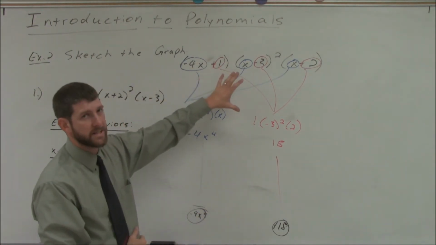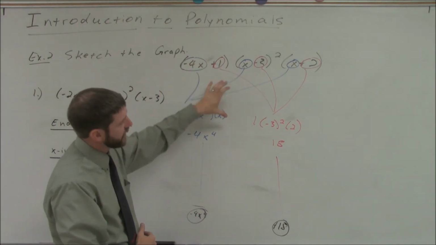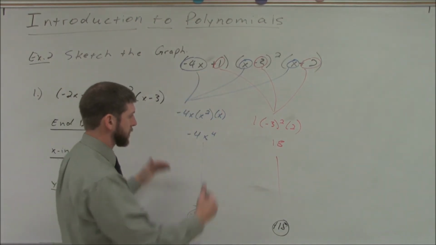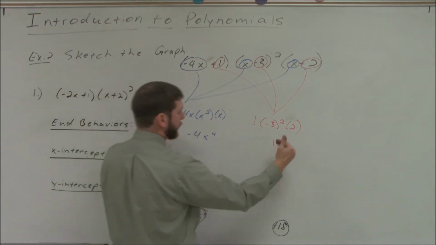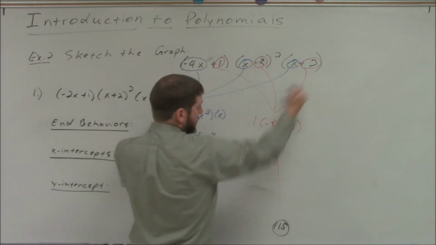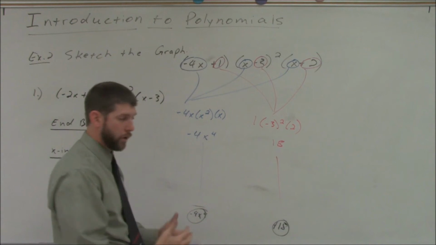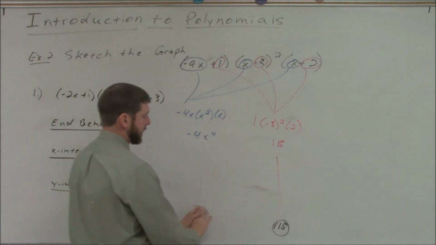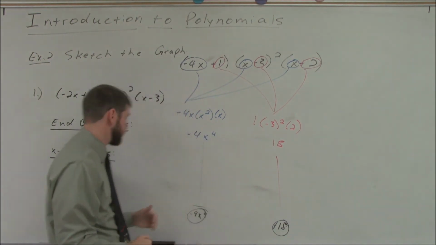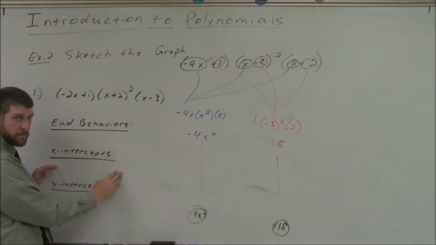This may seem trivial right now. It's a very, very important concept that we get to because it's how we're going to be able to go from this long expression we had down here to get back into this, because that's going to be our end goal as we work our way through this unit. Taking a large polynomial and turning it back into those factors so we can get the x-intercepts.